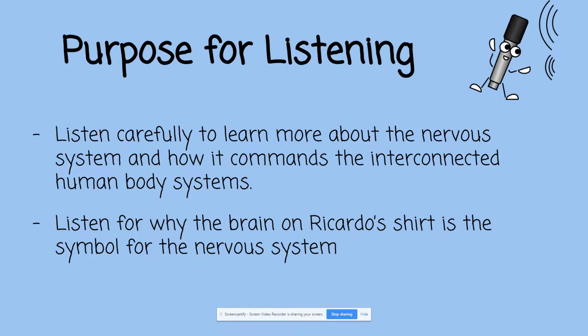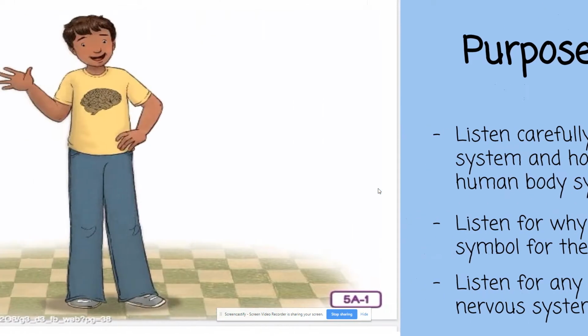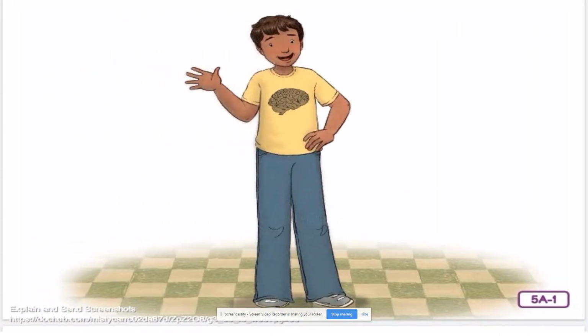And listen for why the brain on Ricardo's shirt is the symbol for the nervous system. Listen for any new and interesting facts about the nervous system that you can add to your KWL chart. So let's begin our reading.